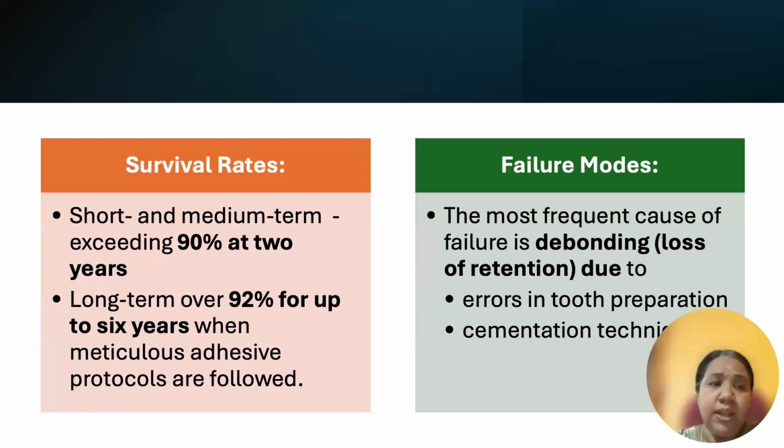It has shown a long-term survival rate of about 92% when followed up for up to 6 years. And one of the most frequent causes of failure is debonding or loss of retention, which can be due to either errors in tooth preparation or the cementation technique.